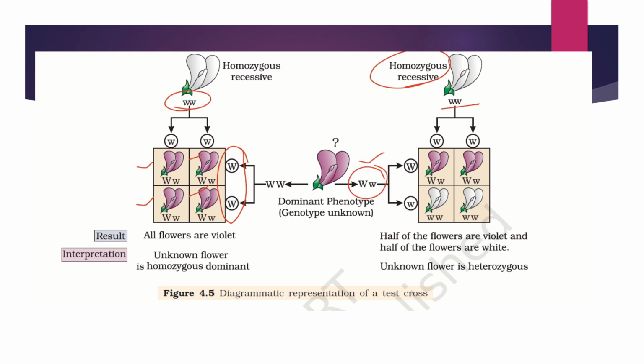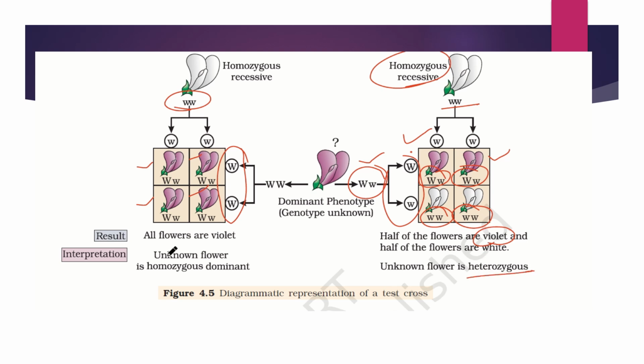So what we see after this test cross, what was the result? The result was we see half of the flowers are violet. You can see here in the Punnett square also, half of the flowers are violet. We don't know the genotype yet, and half of the flowers are white. So this unknown flower which was being crossed with, it is heterozygous.